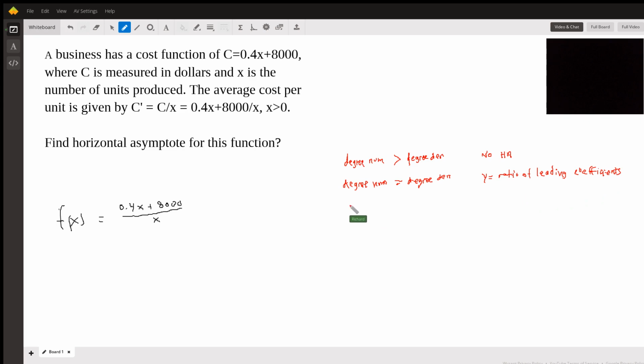And then, of course, the last possibility is that the degree of the numerator is less than the degree of the denominator, in which case the horizontal asymptote is y equals 0.